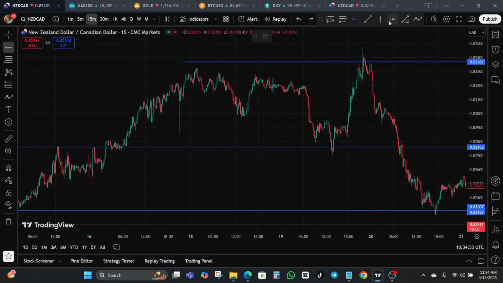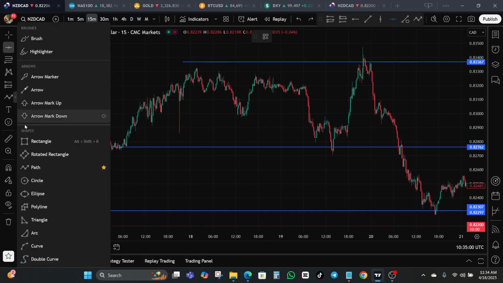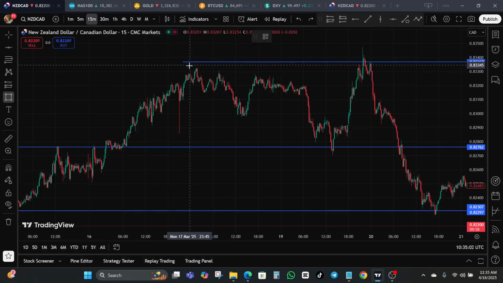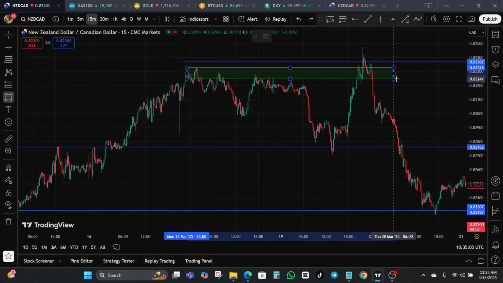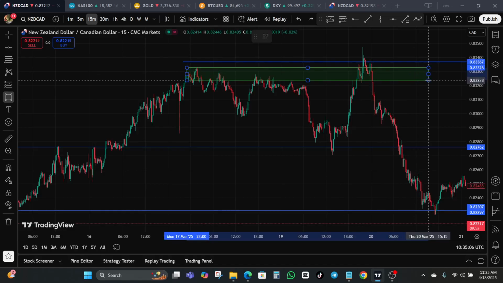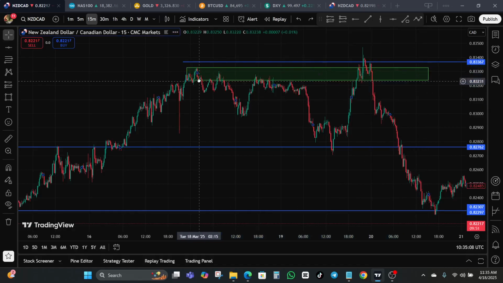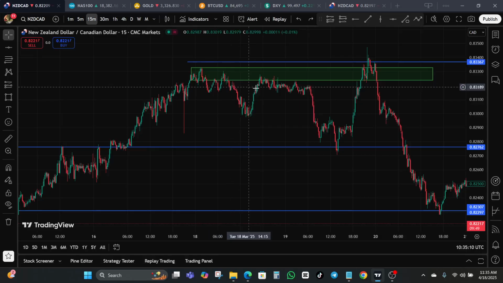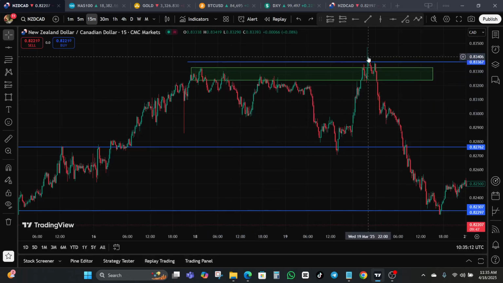You can see that we actually had a resistance zone around here. This was a resistance zone. You can see periods of rejections. You can see here, rejection, rejection, rejection. But guess what happened here? Can you see something different that happened here? You can see that price broke out of this zone. Just shortly afterwards, it reversed back down.